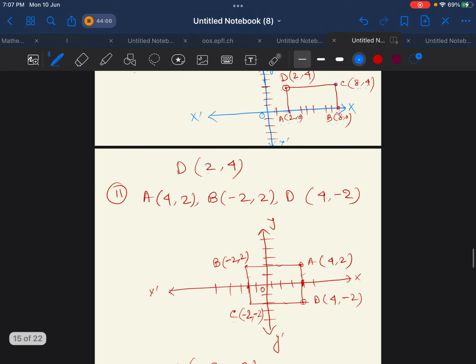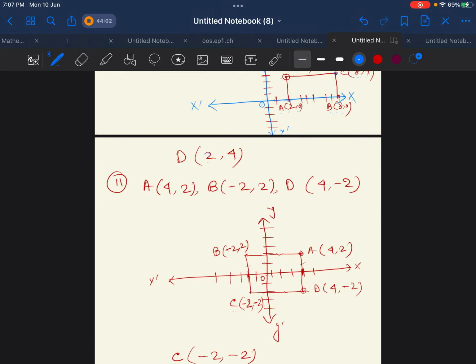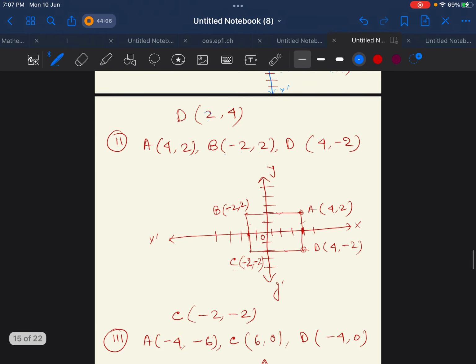Now the second question: A 4, 2, B minus 2, 2, D 4, minus 2. We have to plot the graph. First we plot the point A, 4, 2.